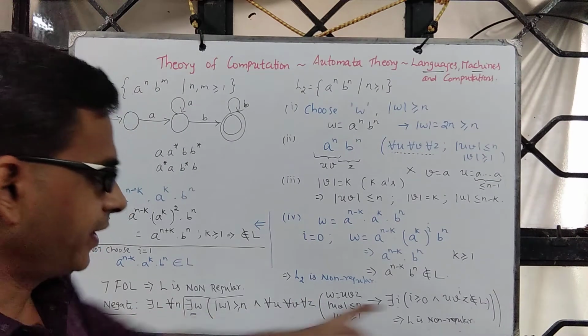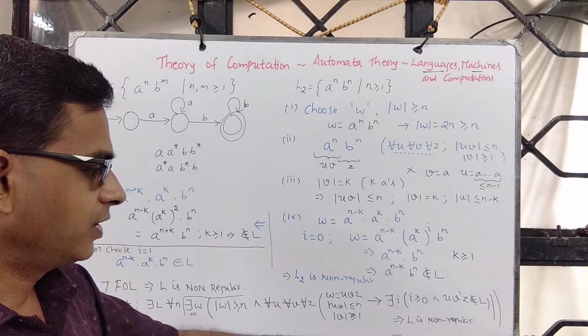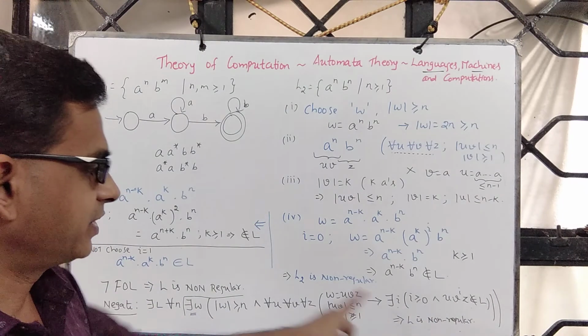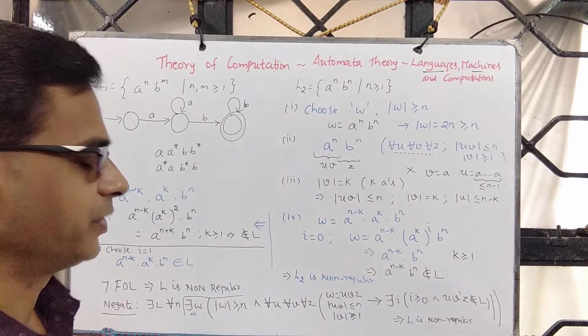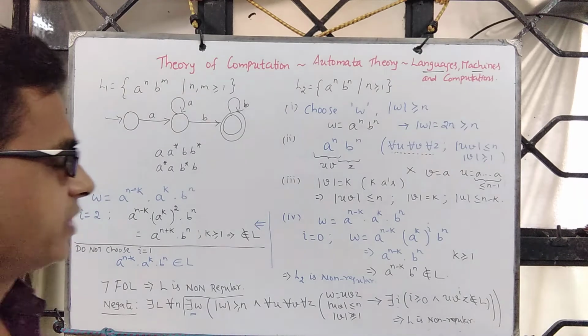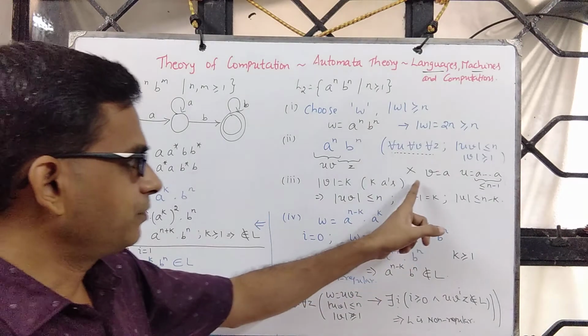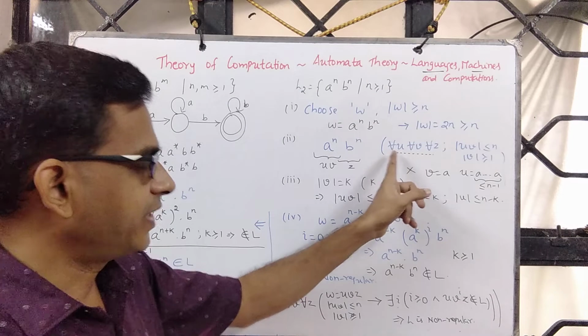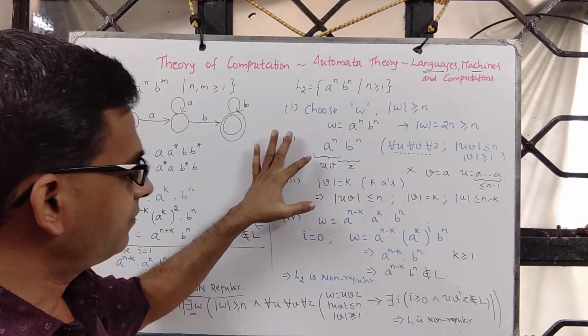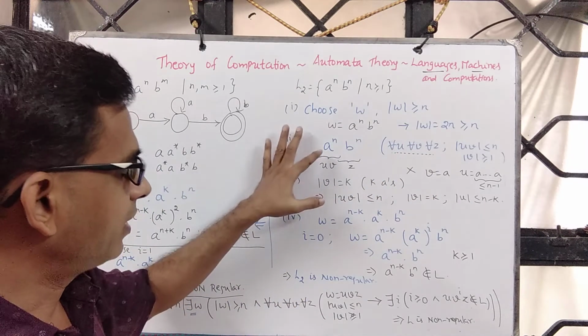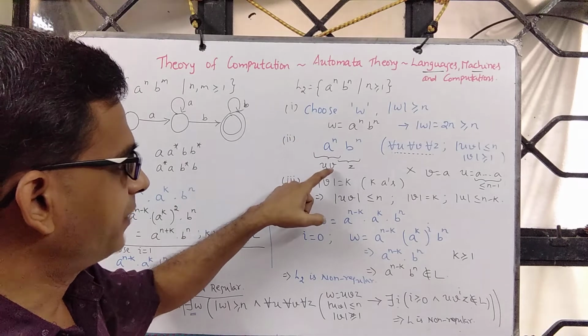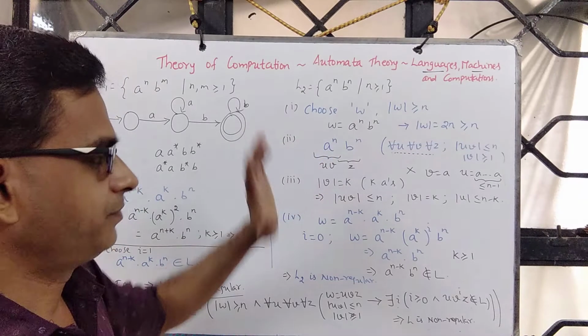Since we satisfy the premise of this statement, the conclusion follows. Conclusion says L2 is non-regular. Most importantly, no assumption about the decomposition part. We only observe that uv is at most n, therefore v must be contained in this part.